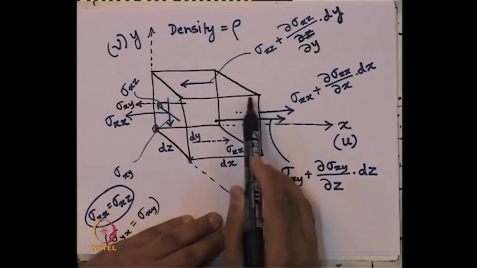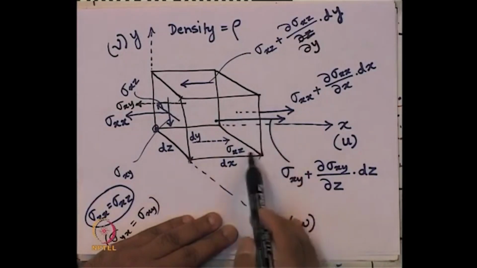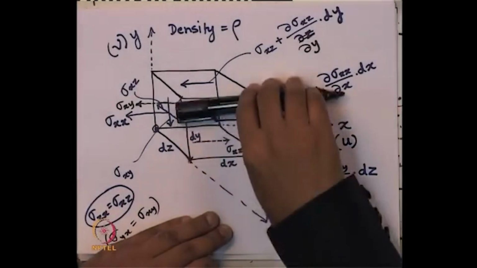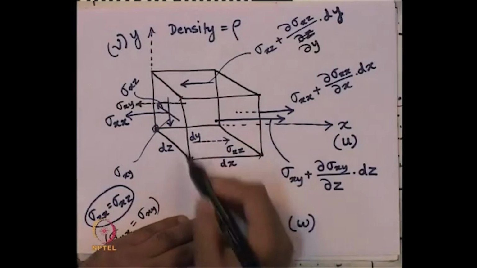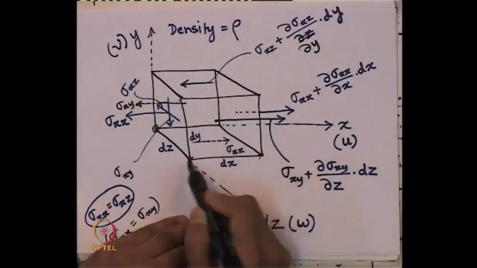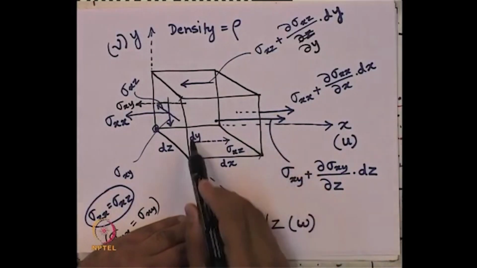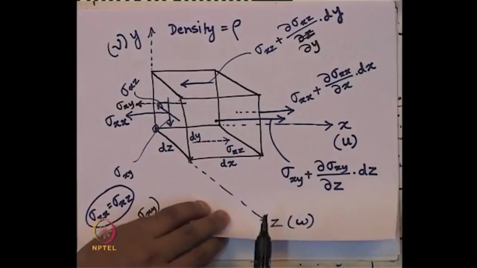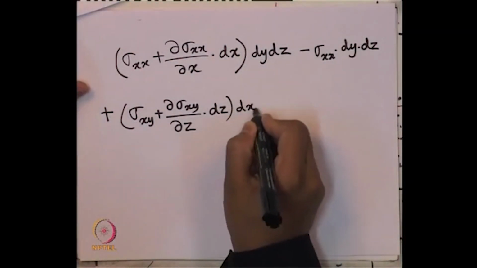The cross sectional area is dx times dy. Am I right? Look at this plane, front plane. This shear stress is acting on this front plane. So, if I multiply that shear stress with this cross sectional area, dx times this vertical dy, we will get the net force in the x direction. So, dx dy.